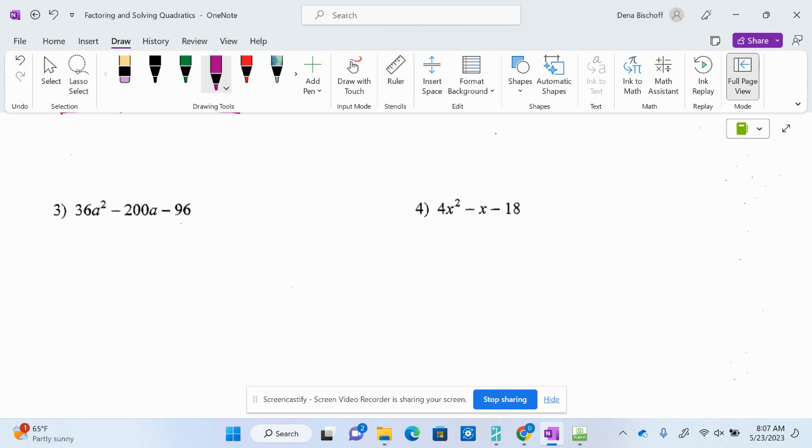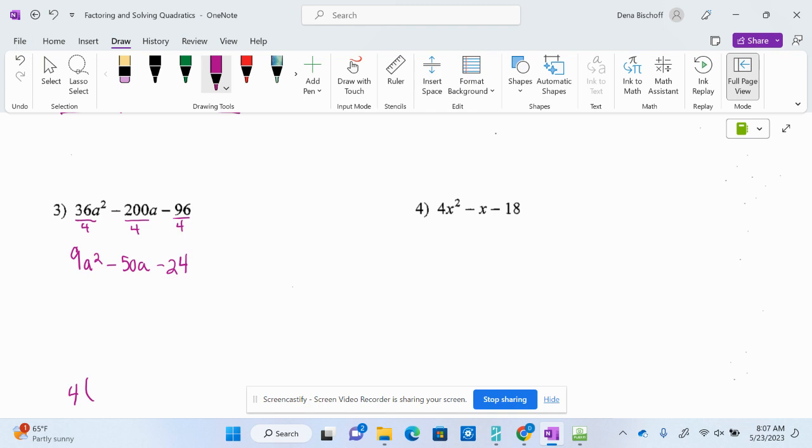Can we try dividing everything by 4? Does that work? Yeah, it does. All of these are divisible by 4. 36 divided by 4 is 9. That gives me 9a squared. 200 divided by 4, that's negative 50a. And negative 96 divided by 4 is negative 24.